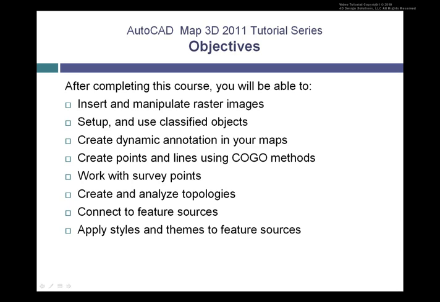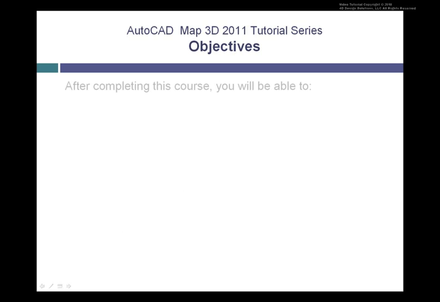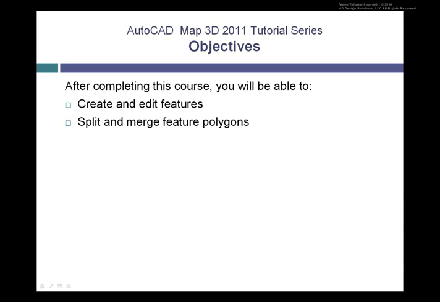And you'll apply styles and themes to those feature sources once we connect to them. You'll also create and edit features within those feature sources, and learn to split and merge polygon features.